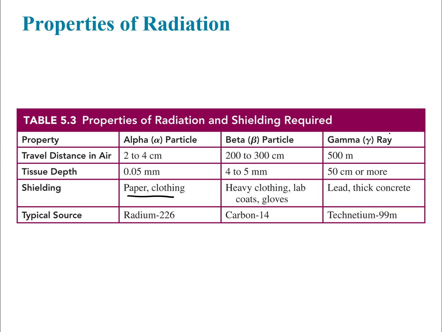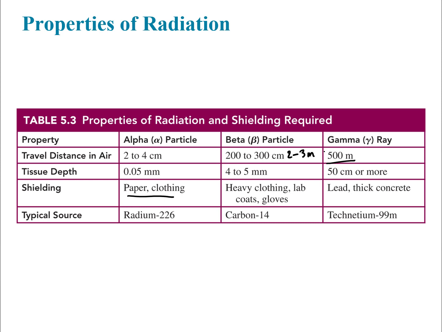Gamma rays, however, they can literally go straight through you. They travel very far in air, 500 meters. We're talking about 500 meters versus a few hundred centimeters, okay? So 2 to 3 meters versus 500 meters. Big difference. Those gamma rays can go straight through you, so you need shielding that is very thick, like concrete, or lead, something very dense.